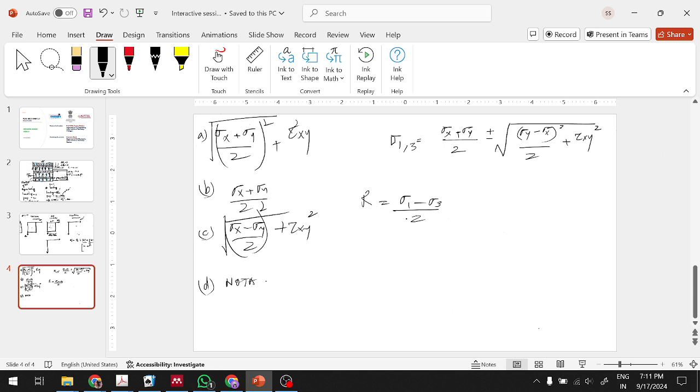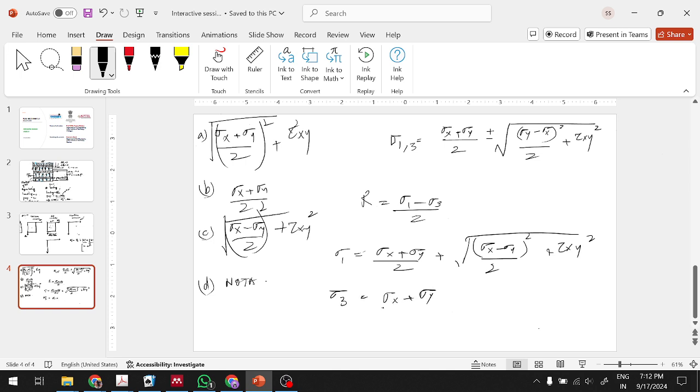So let's do that. Sigma 1 is (sigma x plus sigma y) over 2 plus square root of ((sigma x minus sigma y) square over 2 plus tau xy square). And sigma 3 is (sigma x plus sigma y) over 2 minus square root of ((sigma x minus sigma y) by 2 square plus tau xy square).